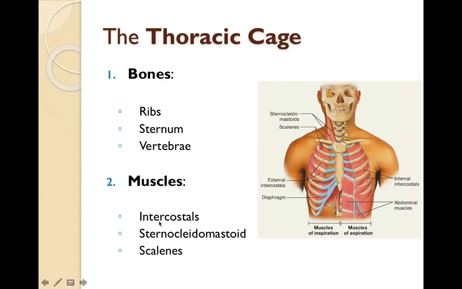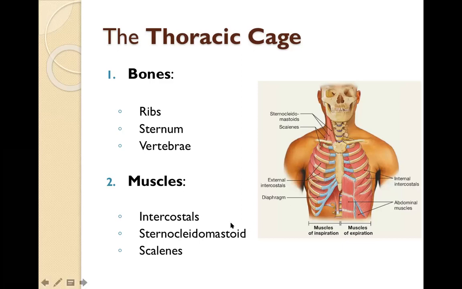And so the intercostals, like international, between countries, these muscles are between ribs, between the costal margins of the ribs. And so there are multiple layers of intercostals. And they assist in breathing and getting air into the lungs, and somewhat maybe getting air out of the lungs, although that's more of a passive process under normal circumstances.